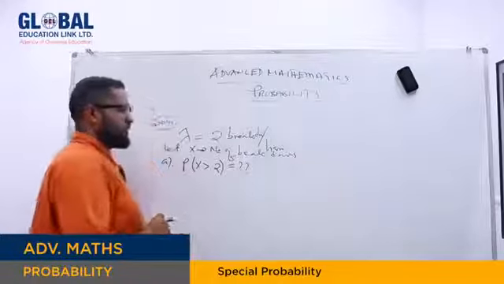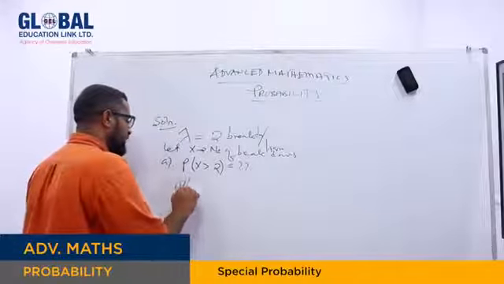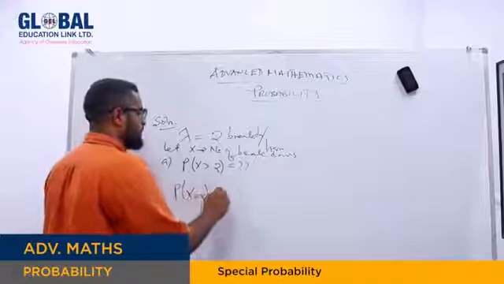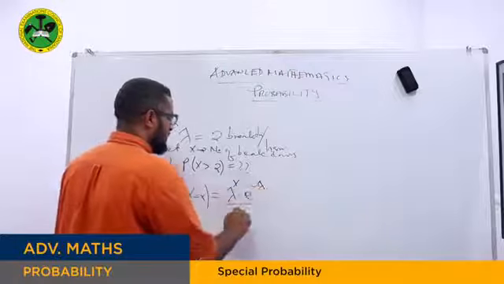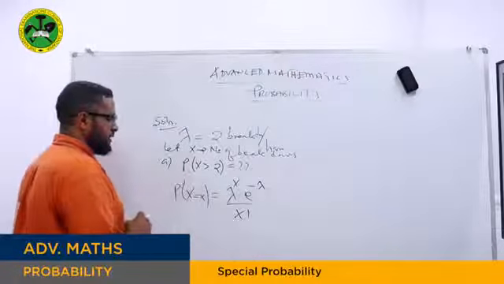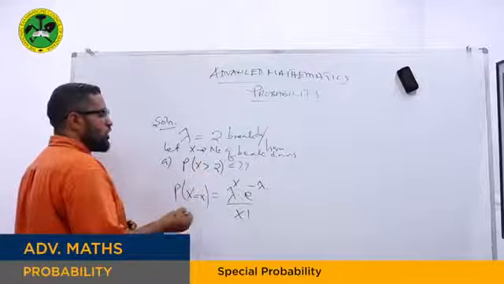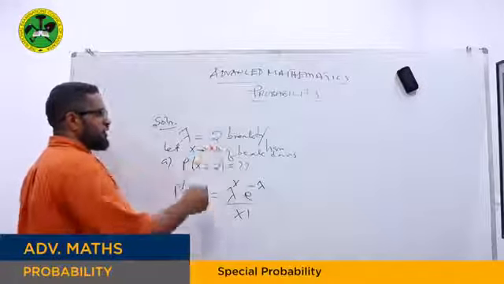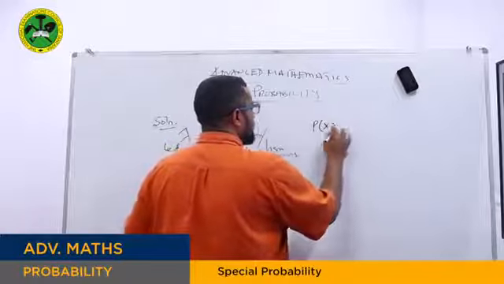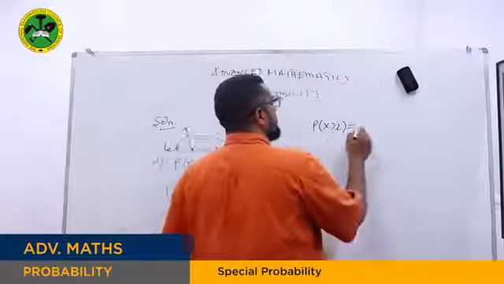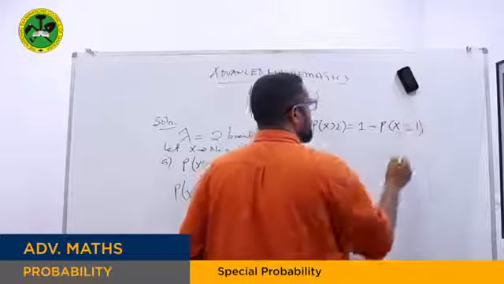That is the question. But from Poisson, probability of x equal to x is given by lambda to the power of x, e to the power of negative lambda divided by x factorial. But here we have greater than 2. Instead of saying greater than 2, we can turn it into probability of x greater than 2 equal to 1 minus probability of x less than or equal to 1.